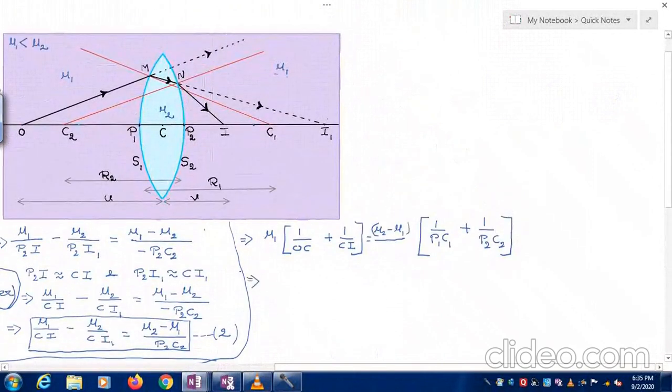Now let us take this mu1 to the right hand side.